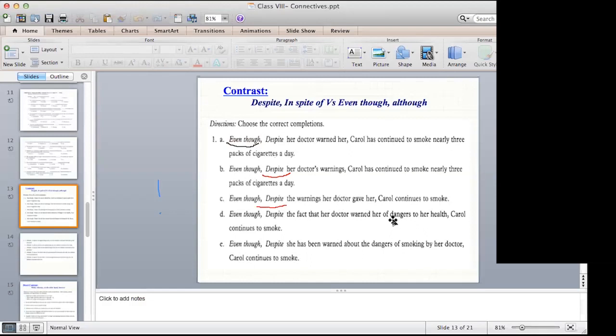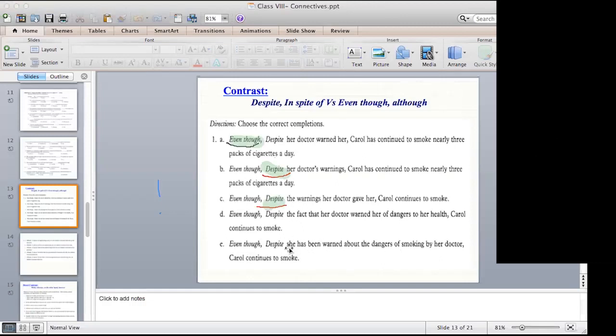Even though, despite, she has been warned about the dangers of smoking by her doctor. Now we have she. Okay, so despite, even though, or despite: she has been warned.